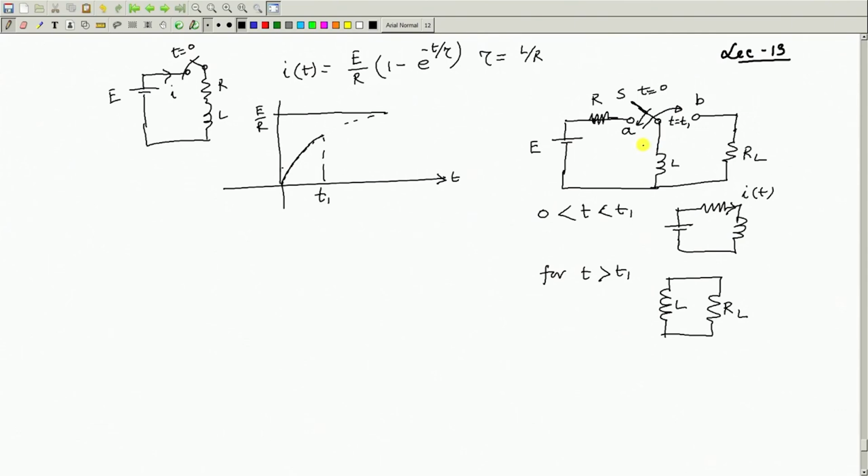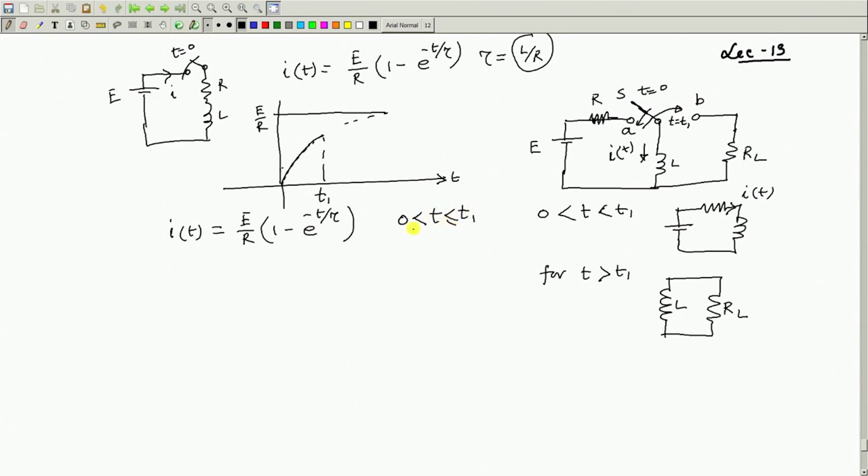The initial current we were talking about was i(t). The expression of the current i(t) for this problem, I am sure about this, will be E by R into 1 minus e to the power minus t by tau, where tau is L by R, and this is valid during the time interval 0 to t 1.